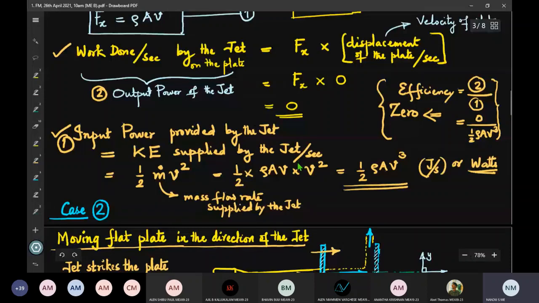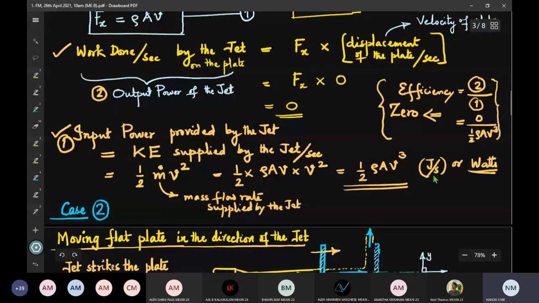So it is work done per second divided by kinetic energy per second, that is, output power of the jet divided by input power supplied by the jet. So 2 by 1, see why 2? Because 2 is the work done, the output power, and 1 is the input power, that is the kinetic energy supplied. So here it is 0.